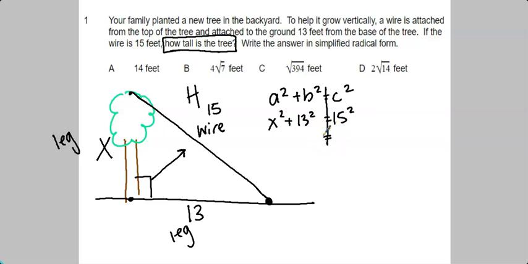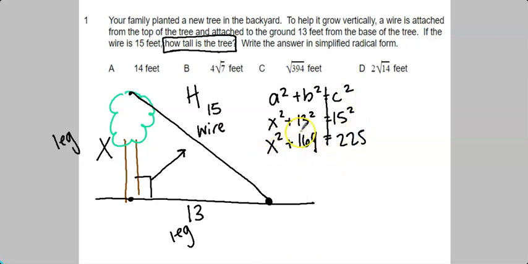So obviously we need to simplify this. So x squared is still just x squared. And 13 squared is 169. And 15 squared is 225. All right, we need to get x squared by itself.